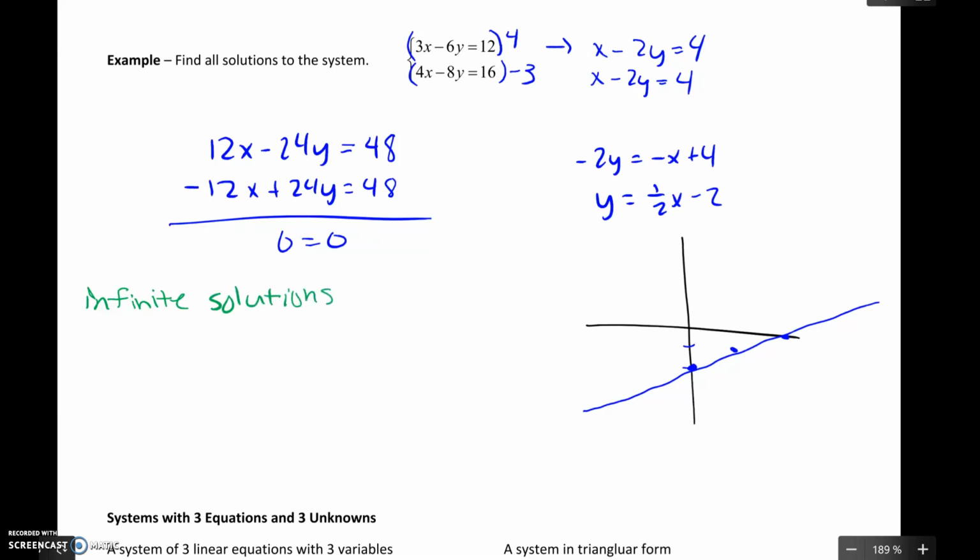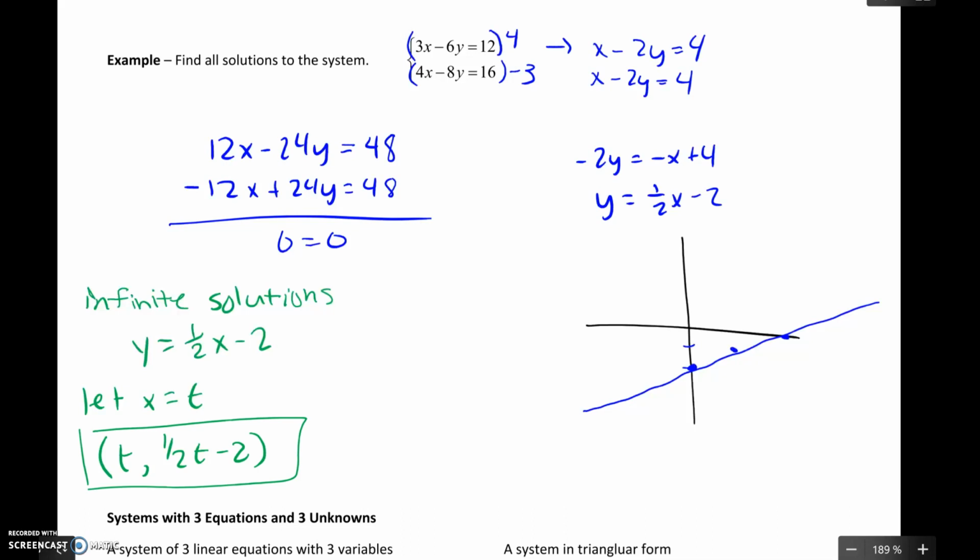I have the line y equals 1/2 x minus 2. So I'm going to let x equal t. So my solution is t, comma, 1/2 t minus 2. So anything that I plug in for t is going to give me a solution, because it's infinite solutions. So the domain of this is -infinity to infinity.